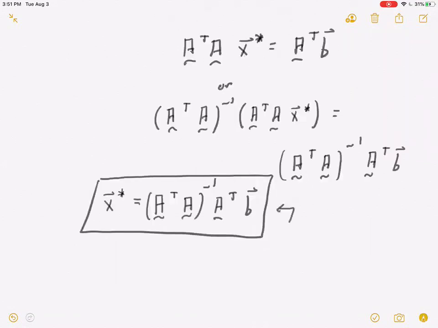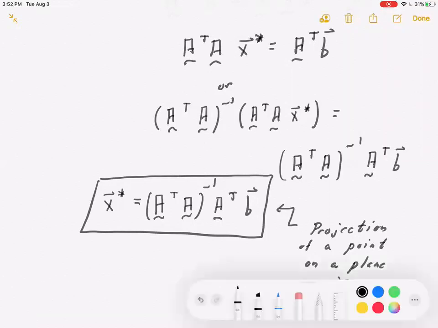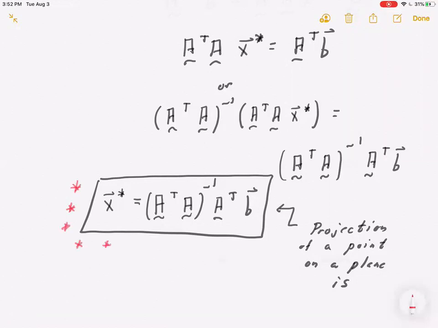So I claim that this is going to help me figure out the projection of a point on a plane. And if this expression looks complicated, it should. What we need to do next time is take this expression and actually use it in an example to see how it works.